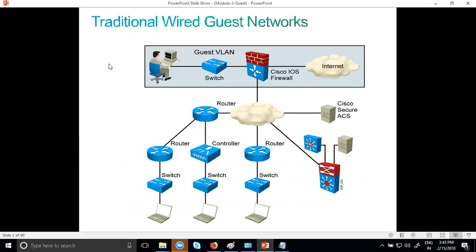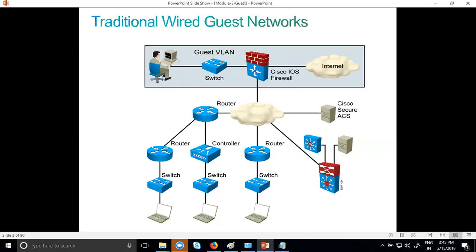So what is a traditional wired guest access network? This diagram shows the Cisco ISR firewall. You can see the red icon, which represents your firewall device, where your ISP connection lands. Behind the firewall, you have your WLAN network, which is connected with different devices like routers, switches and other hardware.